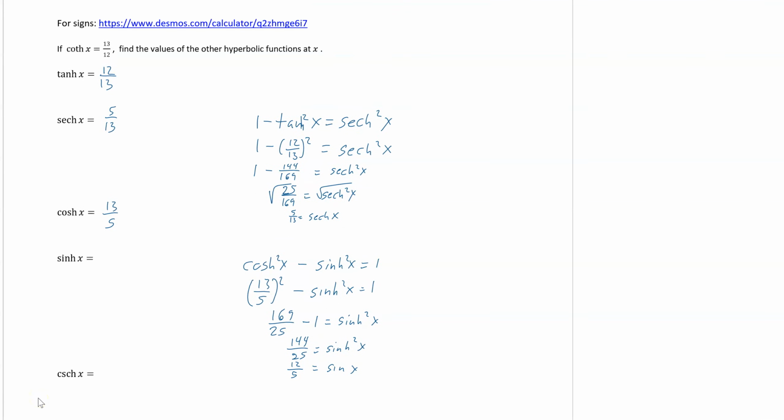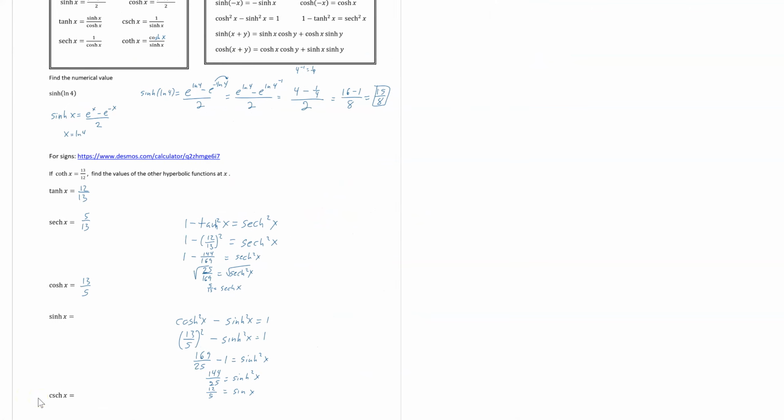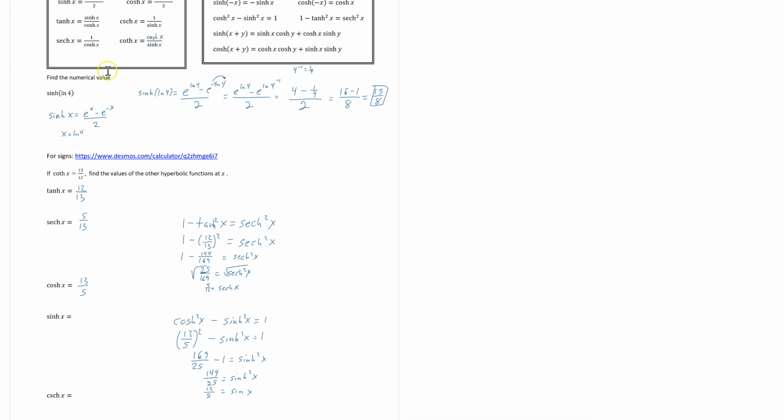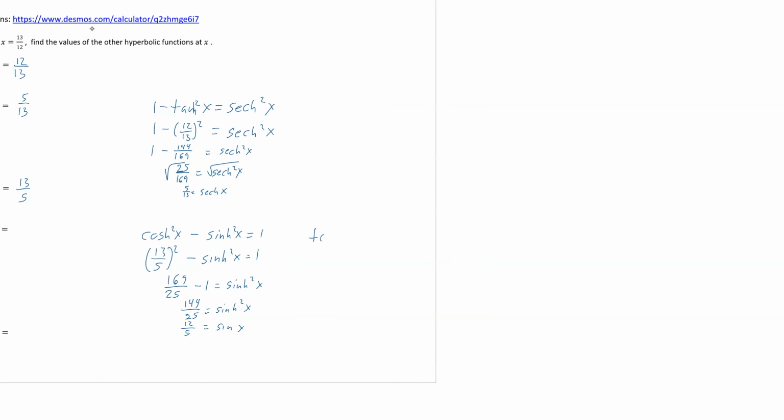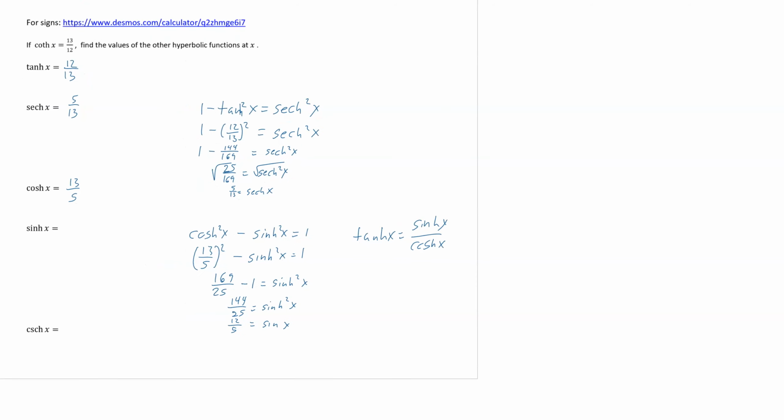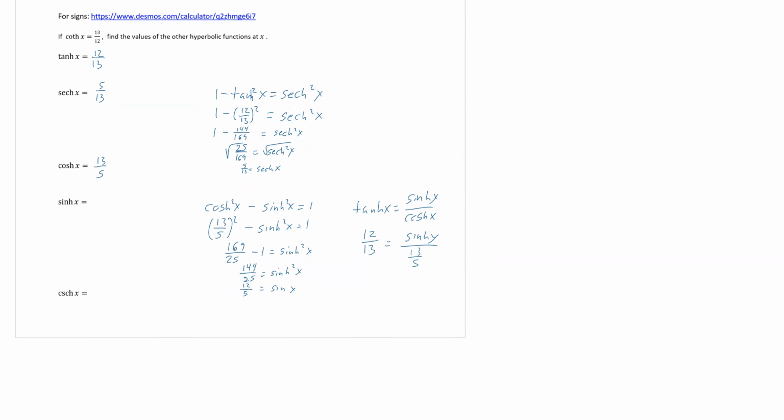Now there was a simpler way of doing it as well. You can see we always focus on this side and forget these. If you look, hyperbolic tangent is sine over cosine. Let's try it that way. So the hyperbolic tangent is the hyperbolic sine over cosine. If we take those two values and plug them in, the 12 over 13 and the 13 over 5, you can do a little cross multiply.